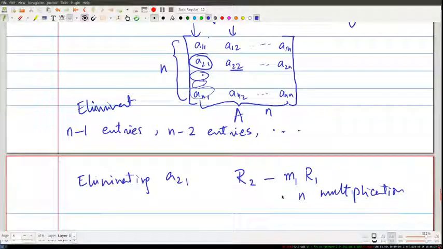So this step is n multiplications, and then since this entire row is being subtracted from this entire row, you're doing n subtractions.